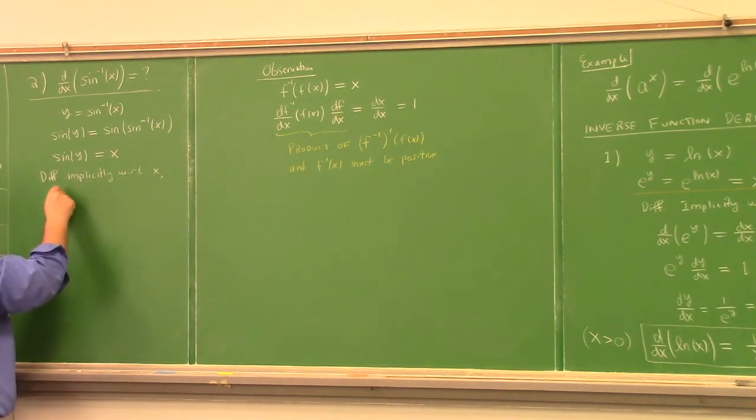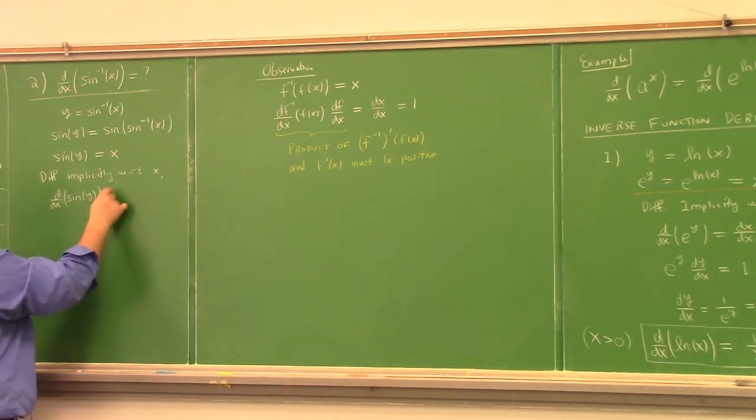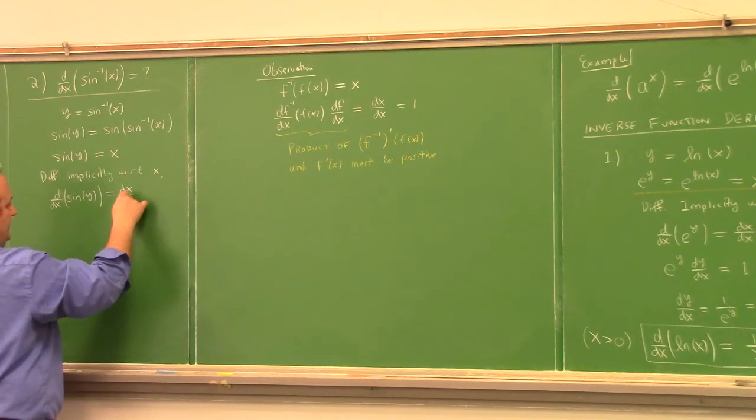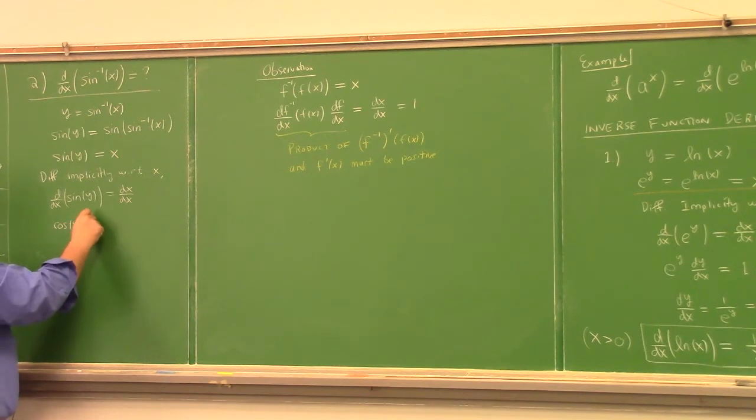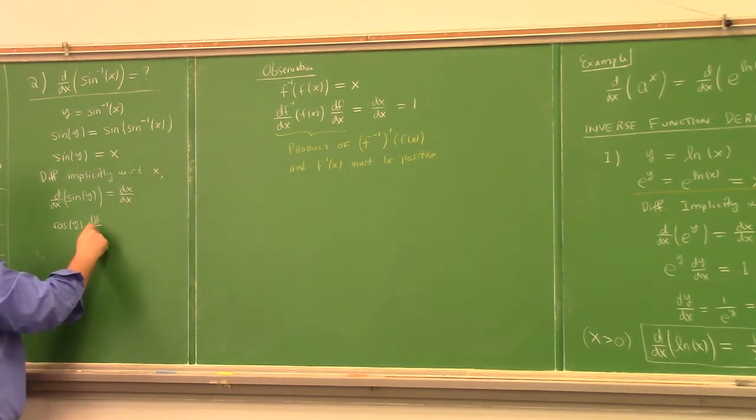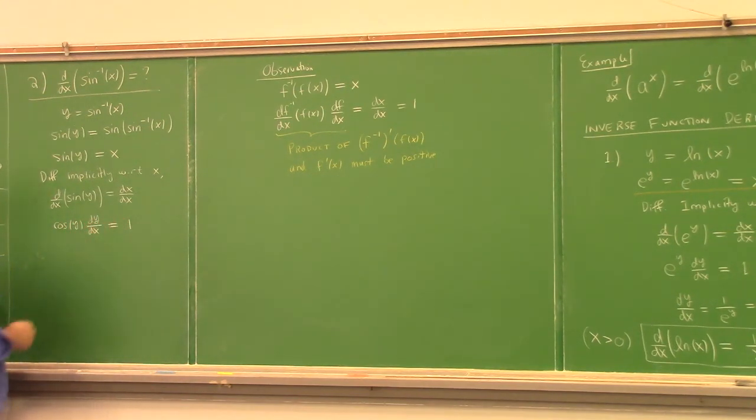That gives me d/dx of sine y equals dx/dx. On the left-hand side, I have to use the chain rule because I'm differentiating a function of y with respect to x. So this gives me cosine of y times dy/dx equals 1. So I get dy/dx equals 1 over cosine y.